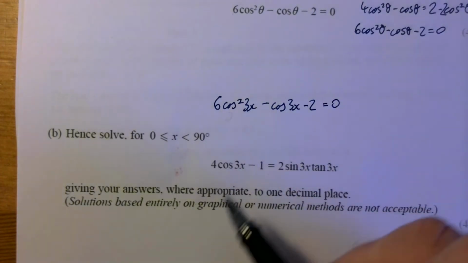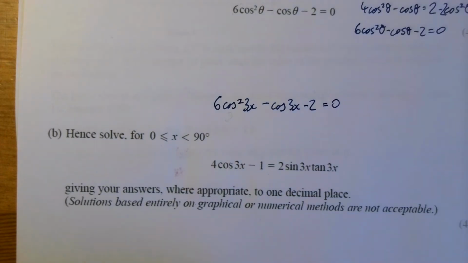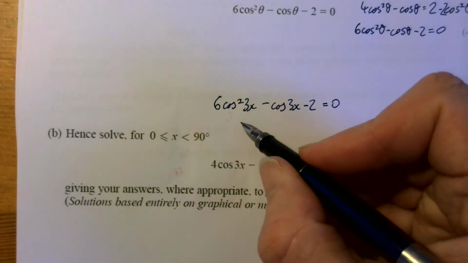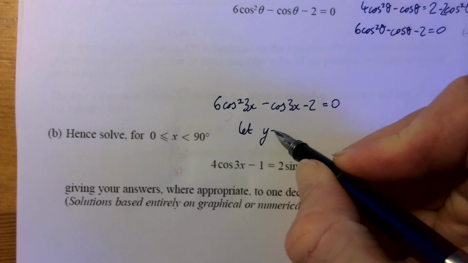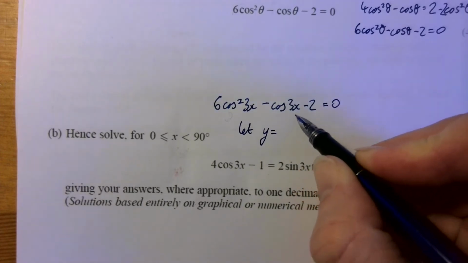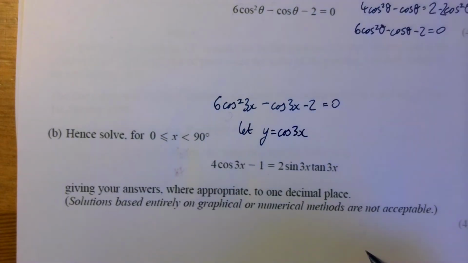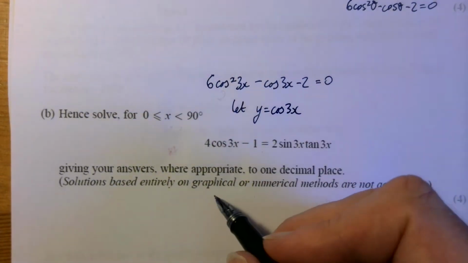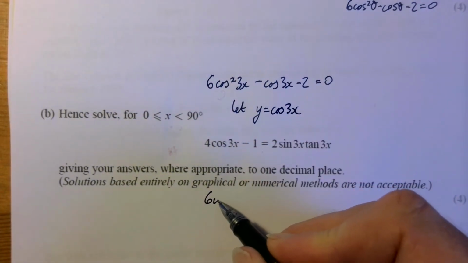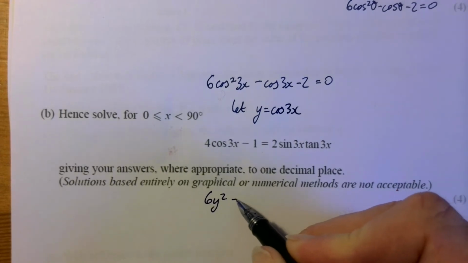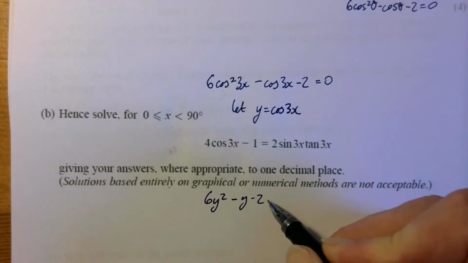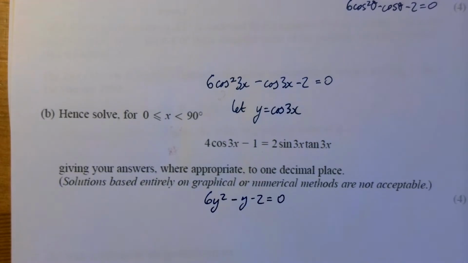Now this looks to me like a quadratic. So what we can do then is I can just say let y, you can use any letter you like, equal cos 3x. And then I can rewrite this as being 6y squared take y take 2 equals 0.